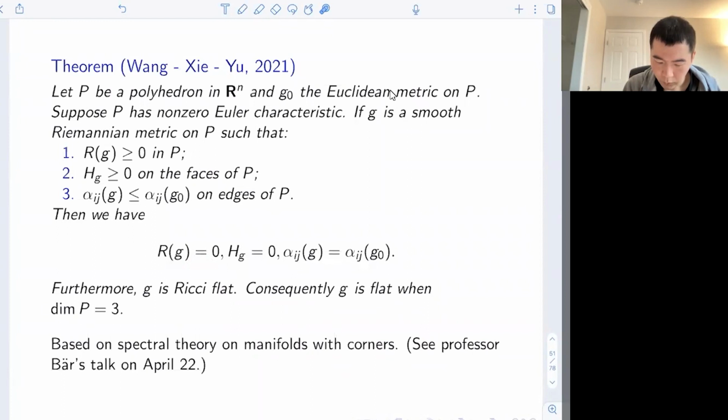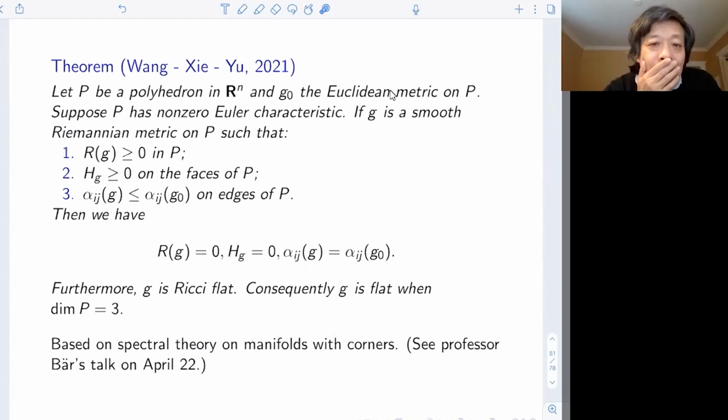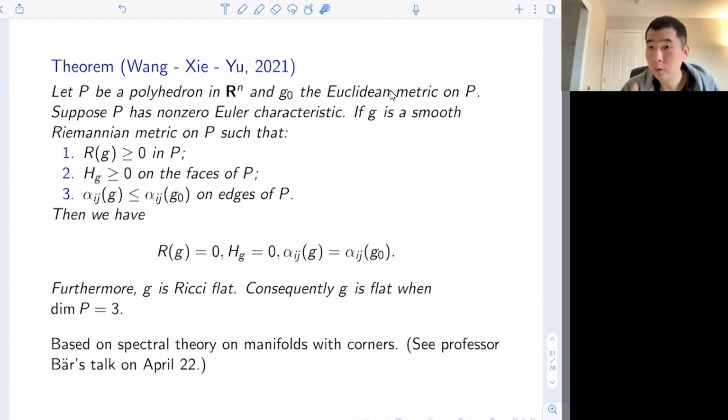Okay. I'm not an expert on the spinor approach, but I believe this is based on spectral theory on manifolds with corners. And I heard that Professor Barr is going to give a talk in this seminar on April 22, so I'm looking forward to knowing more about this result and the technique. And as we will see, I think one big advantage of the spinor approach in this conjecture is that it's going to be much easier if it works for higher dimensional simplices.